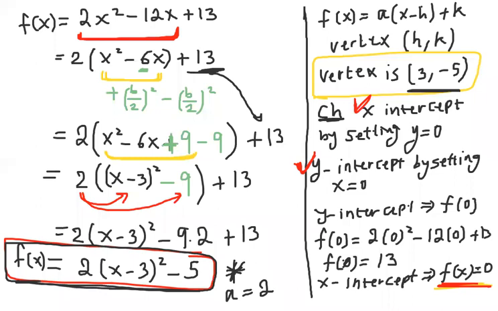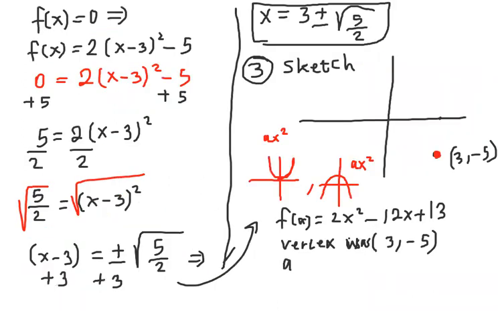From last time, to graph the function we look at a. From the standard form, a is positive, and if it's positive, that means the parabola has an upward shape. Upward, that means it looks like that.